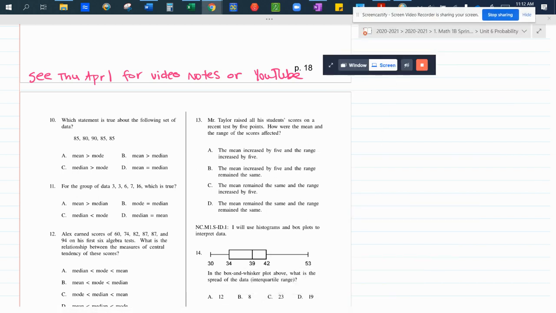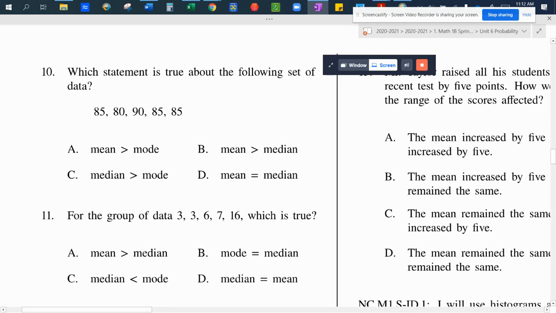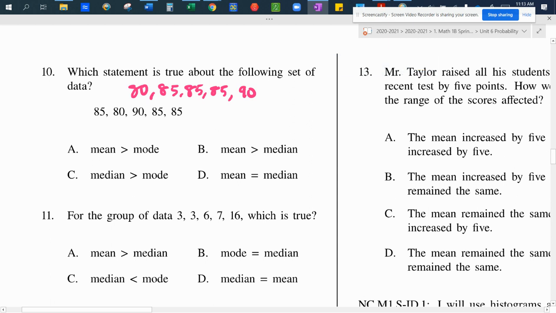And I want us to really think about this, because if I have these values here, and we're just gonna write them in least to greatest, 80, 85 3 times, and then 90. 85 is 5 less than 90, right? And 80 is 5 less than 85, right? So that 5 and 5 is going to balance itself out. That 5 more, 5 less balances out.